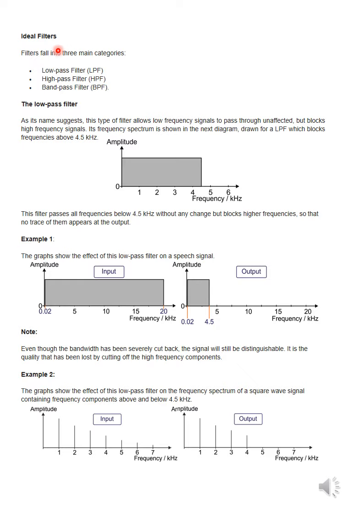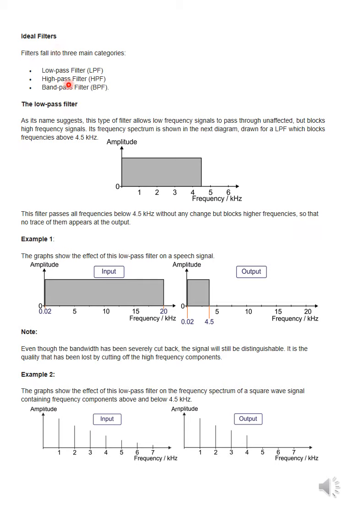But when we use it in real life, in air or on wires, then it behaves non-ideally, and there are some losses, noise, and interference which affect the performance of the filter.